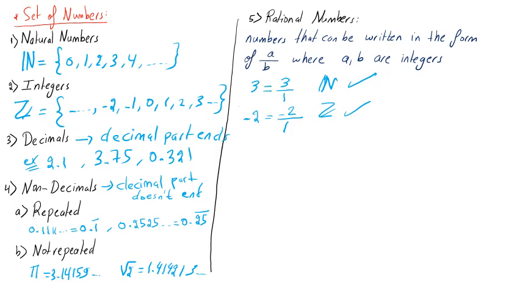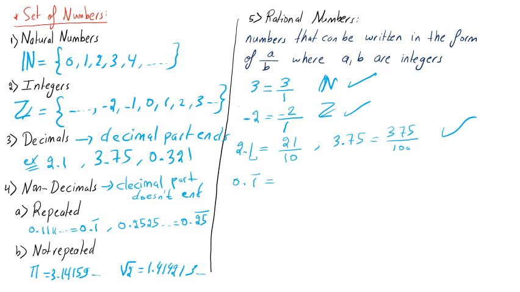The decimals, example 2.1, we have only one digit after the decimal point. It is 21 over 10. If we have two digits, 3.75, two digits after the decimal point, it is equal to 375 over 100. So every decimal number is a rational number. Repeated, example 0.1 bar.